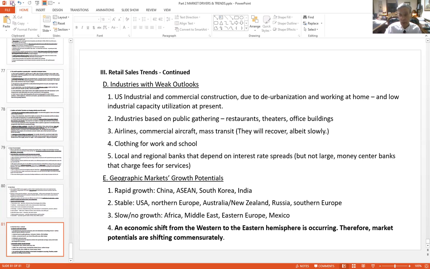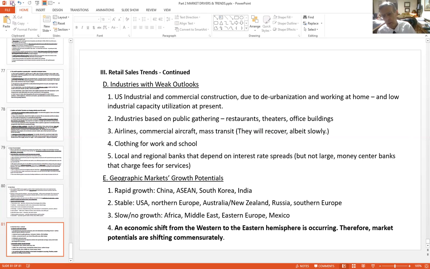Industries based on public gatherings, restaurants, theaters, office buildings. Yes, we will all hopefully get vaccinated, but we're also aware that there is risk in public gatherings, and it's going to be a long time until we want to go back to those places. And so they are certainly not growth industries any longer.